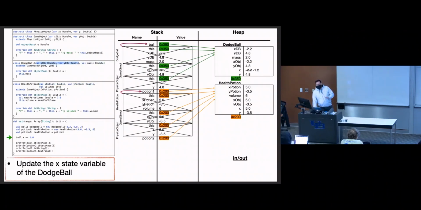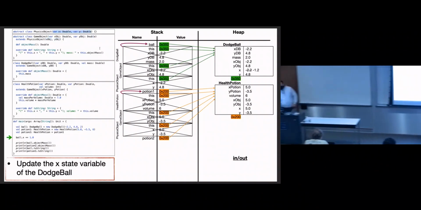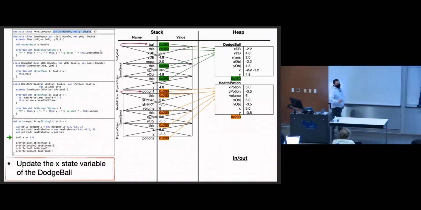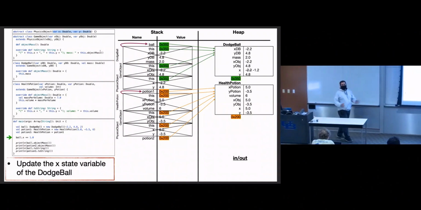I take those variables just to forward them to the next constructor. And then it's the x, y in the physics object that I actually care about. Those are the ones that I'm going to end up using.